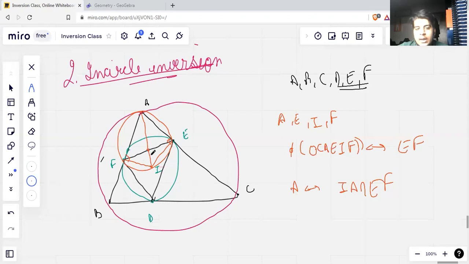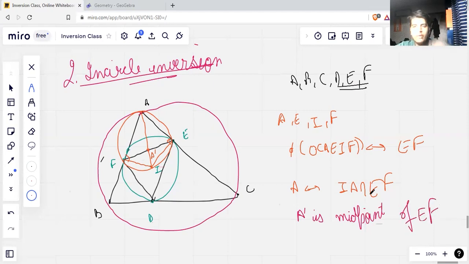It's easy to see that if, let's say, A dash, then A dash is the midpoint of EF. Why? Because notice that these two things are equal, because AE and AF are tangents to the incircle. This is just the inradius. So we get that AI is the perpendicular bisector of EF.